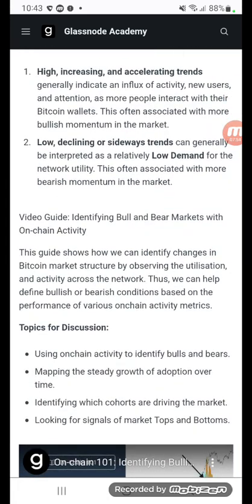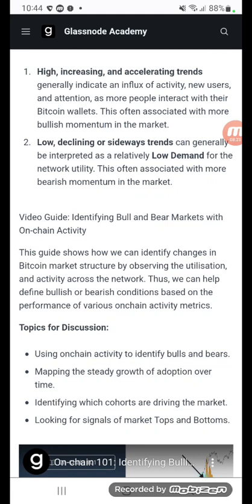Highly increasing and accelerating trends generally indicate an influx of activity, new users, and attention as more people interact with their Bitcoin wallets. This is often associated with more bullish momentum in the market.